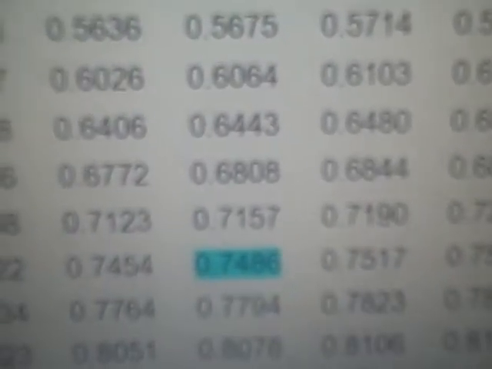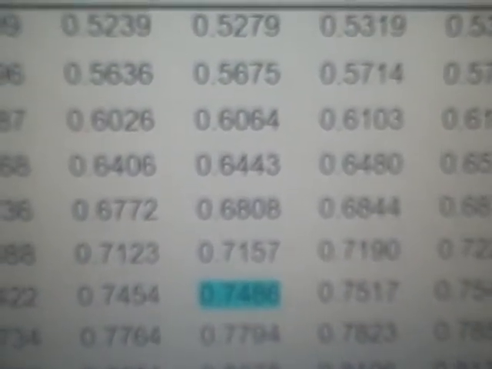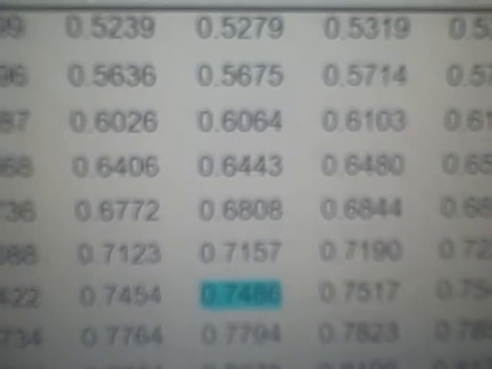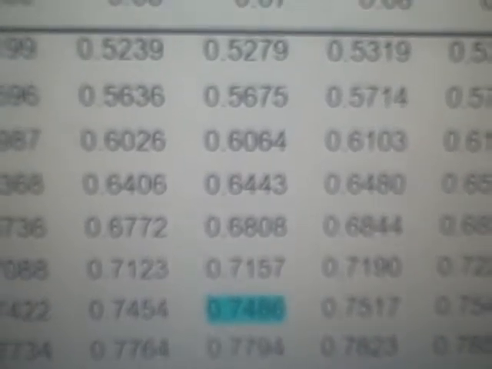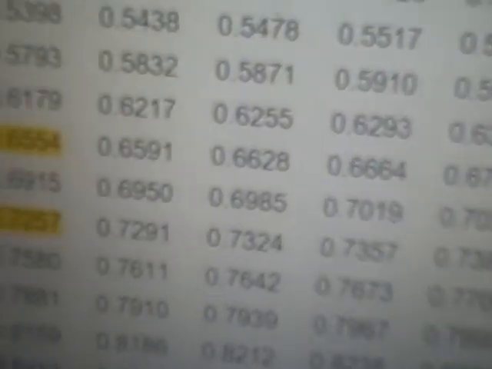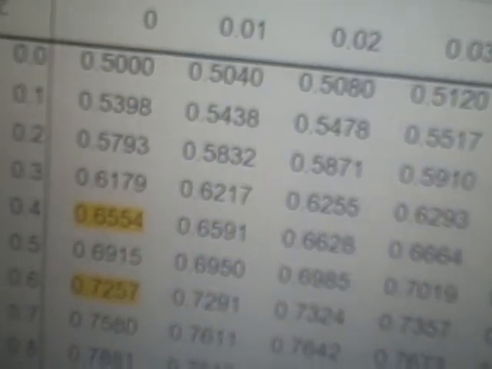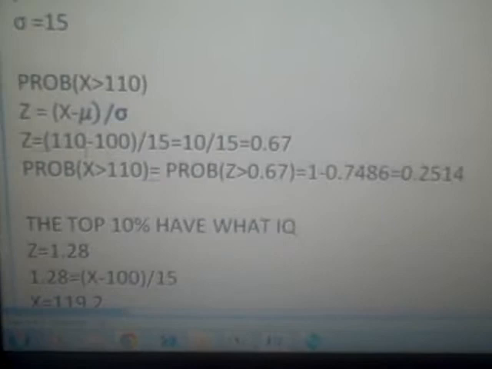That's 0.67, and 1 minus that would be the area higher than that, which would be the answer that we just got. So let's go back here, and I'm going to be sending you this whole Word document so you can follow it along.